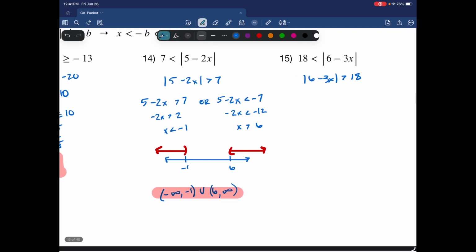All right, let's do this last one, and then we'll be done. So we got 6 minus 3x greater than 18, or I got 6 minus 3x less than negative 18. All right, so we got negative 3x greater than 12. X is less than negative 4. Negative 3x less than negative 24. X is greater than 8.